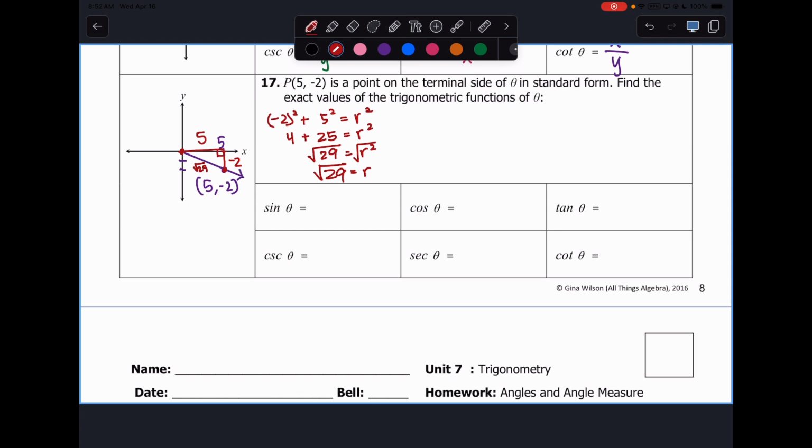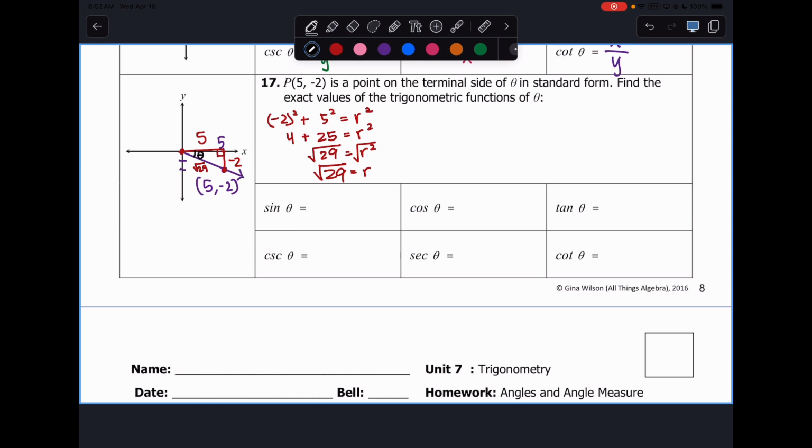So the theta part is this angle right here. That is the reference angle. Because the reference angle is closest to the x-axis already, you don't need to look for this one. Does that make sense? Okay. So what is sine of theta? Sine of theta has to be opposite over hypotenuse.